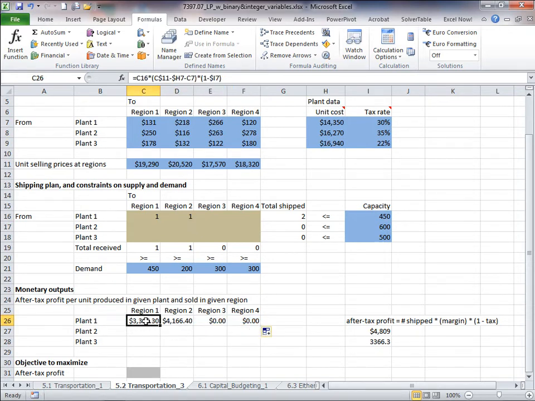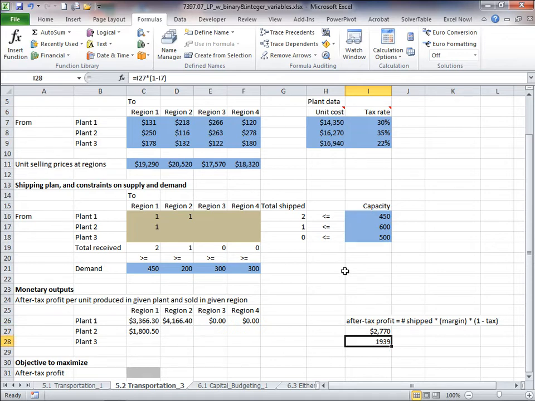What about going down? Well, let's see. I put a 1 in here, I get 1,850. So let's do the math again. This is going to be selling in region 1 from plant 2 after shipping to region 1.